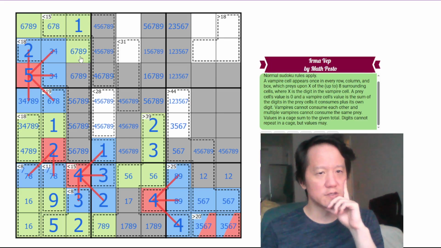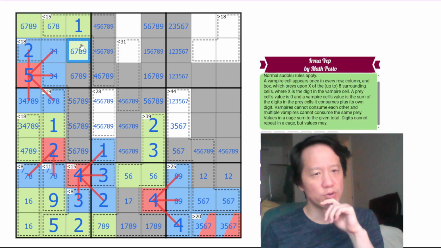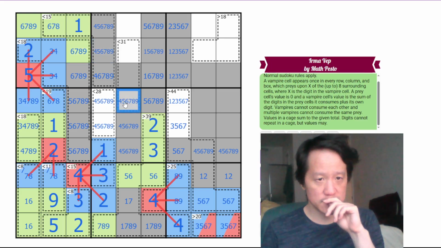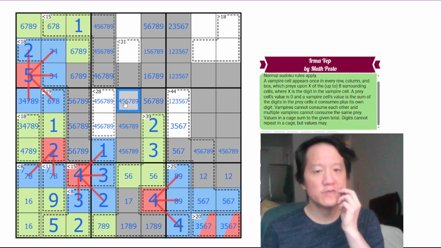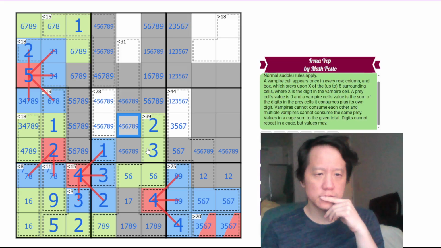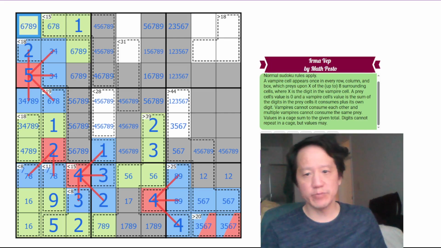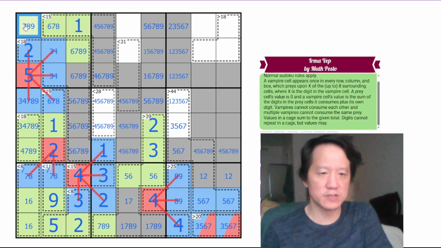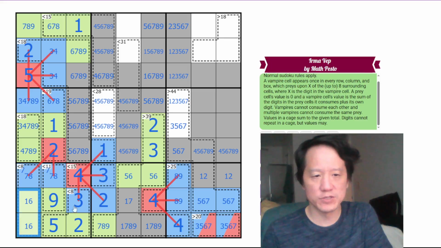One of these is... this is not prey or vampire. This can't be 6 because of the 6 in the column. The 1, 6 pair.